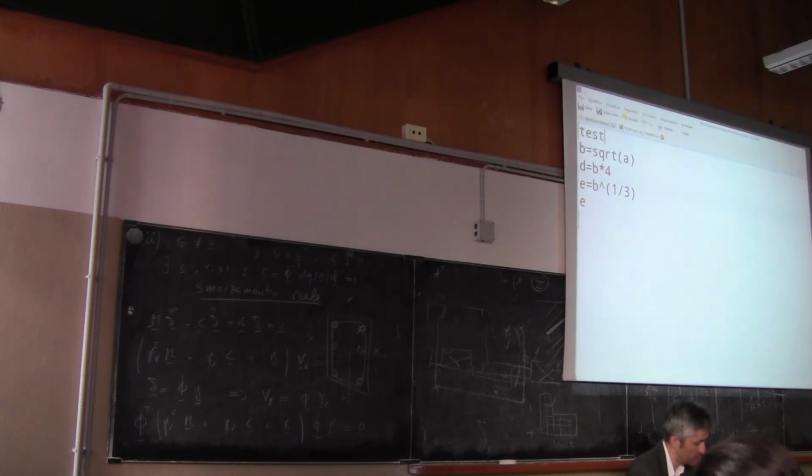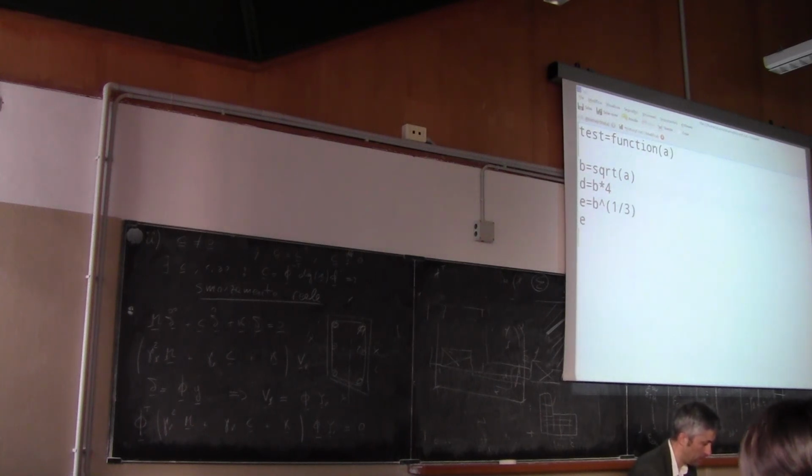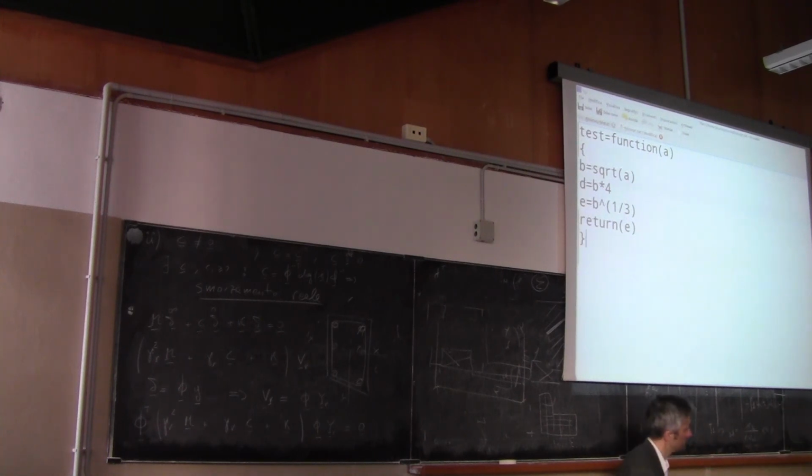So, test equal function A. I put the parenthesis, and then here, return E, closing parenthesis. This is my function. And then, of course, we need to load the function in R.